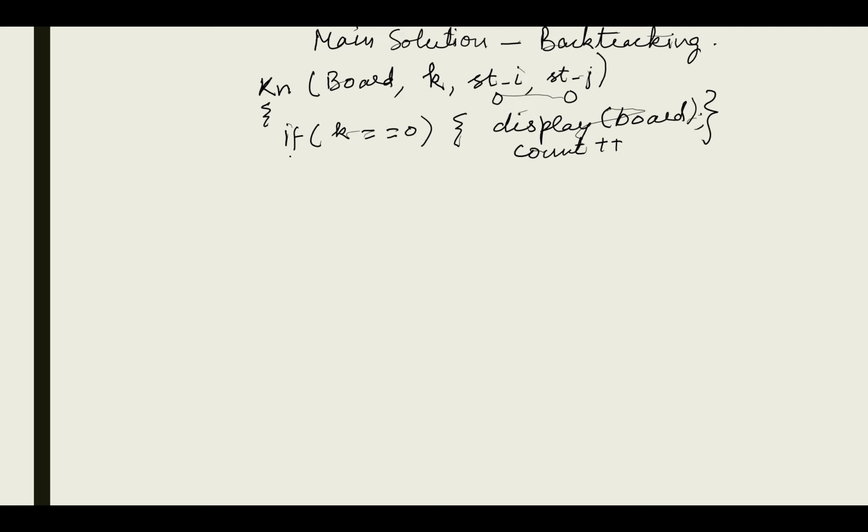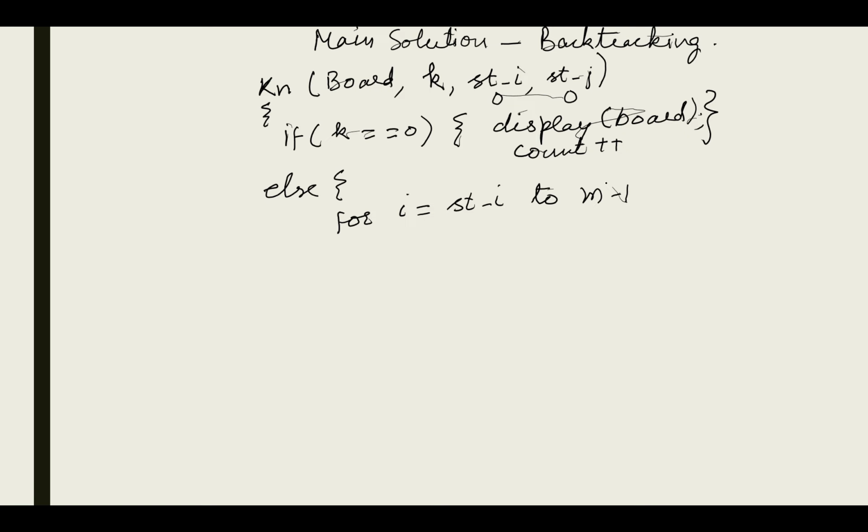If this recursive condition is not true, it means there are knights to be placed. So in the else, we will start the rest of the backtracking solution. Now in the else we will start the loop for I. We start from sti, which is coming from the function, to m minus 1.